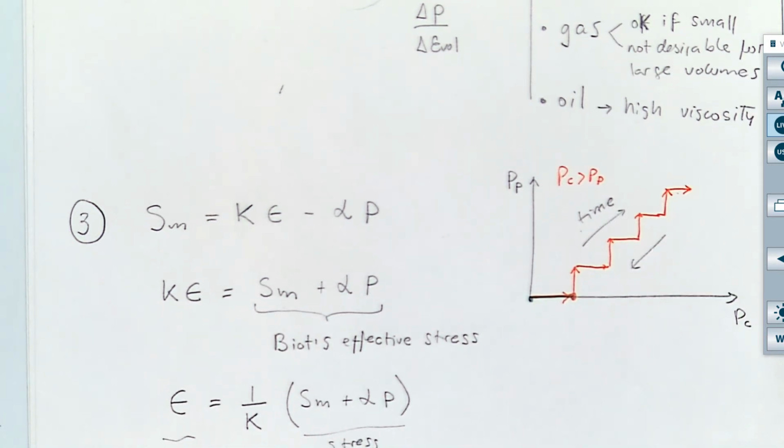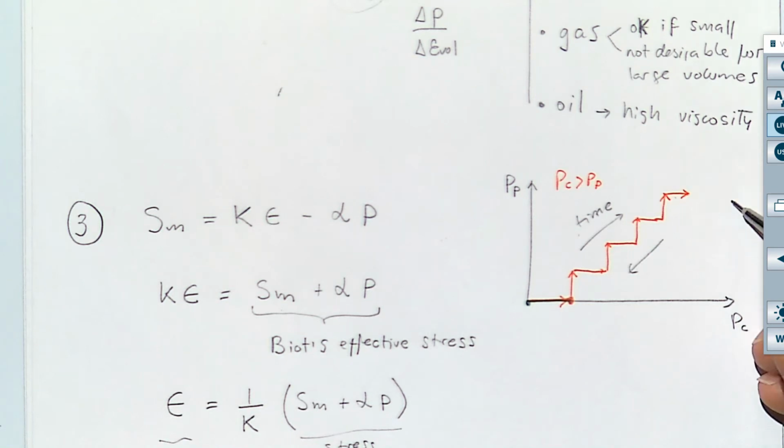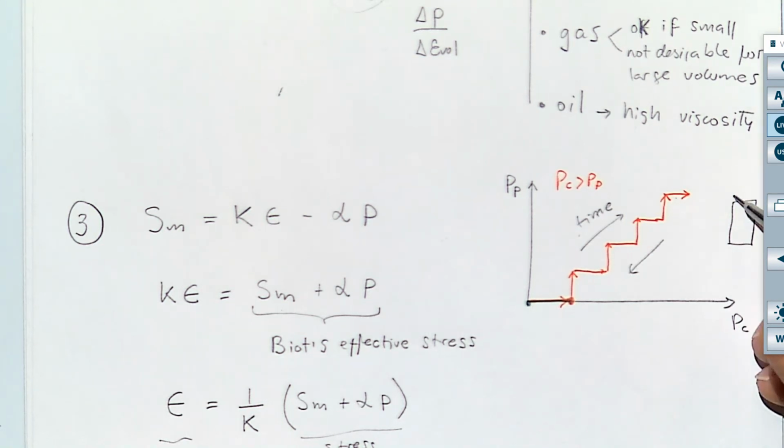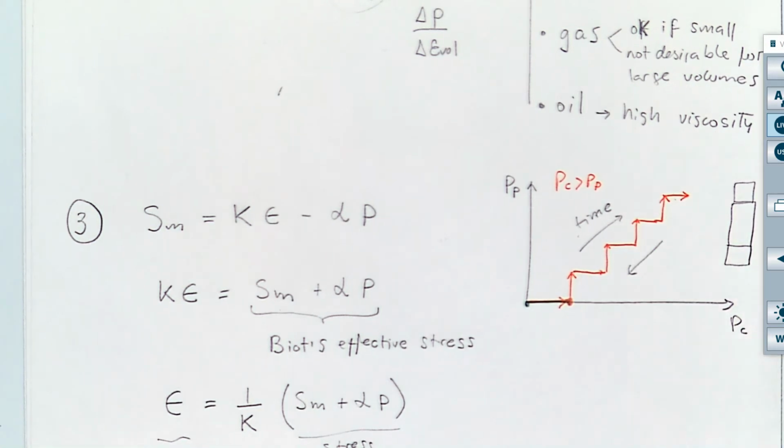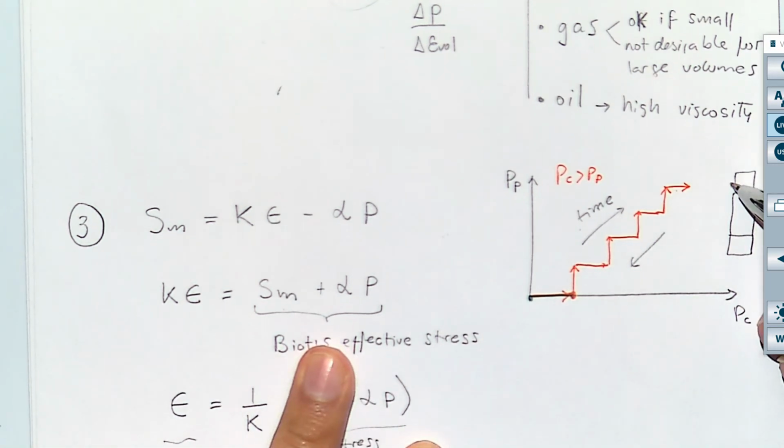All right. Notice that in this kind of test, which is a jacketed test, you also have a confining pressure. This is the membrane.